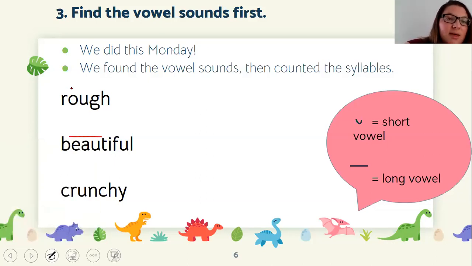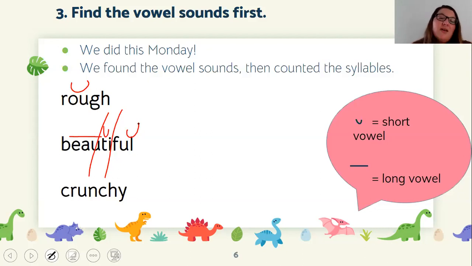And T, it's not tie, it's not beautiful, so we know that's a short vowel sound. And full, it's a short one because otherwise it would be fuel. It's full.